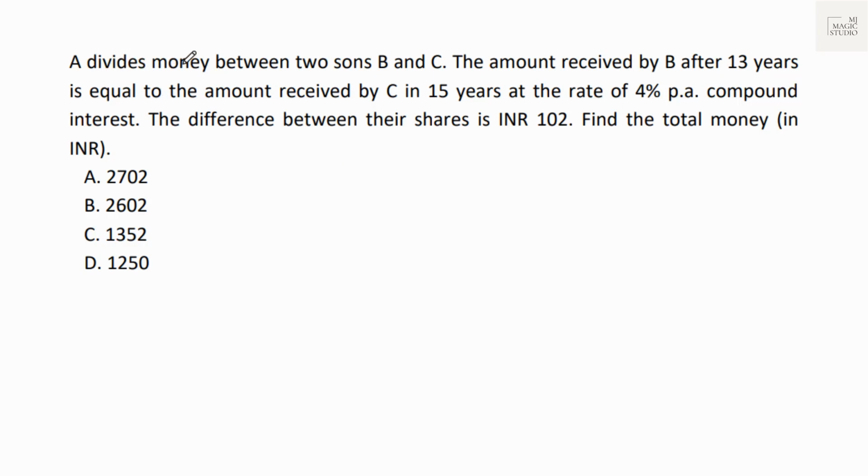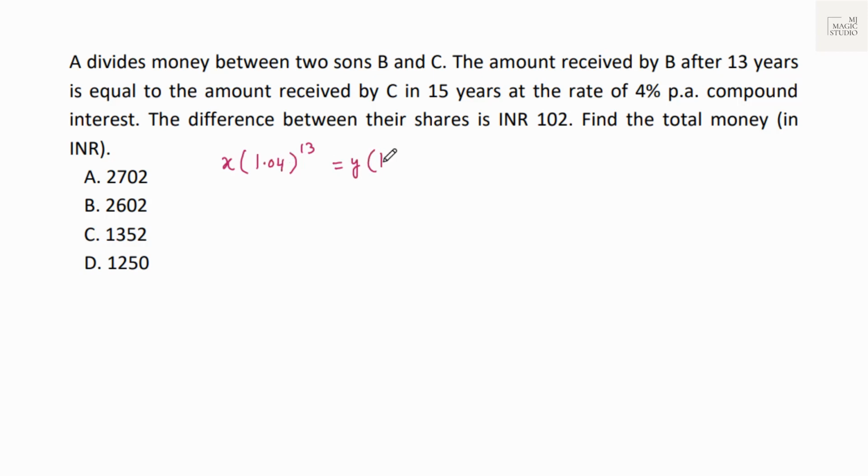A divides money between his two sons B and C. Let B's initial amount be X. The amount received by B after 13 years is equal to the amount received by C in 15 years at the rate of 4% per annum compound interest. 4% means this is 1.04.